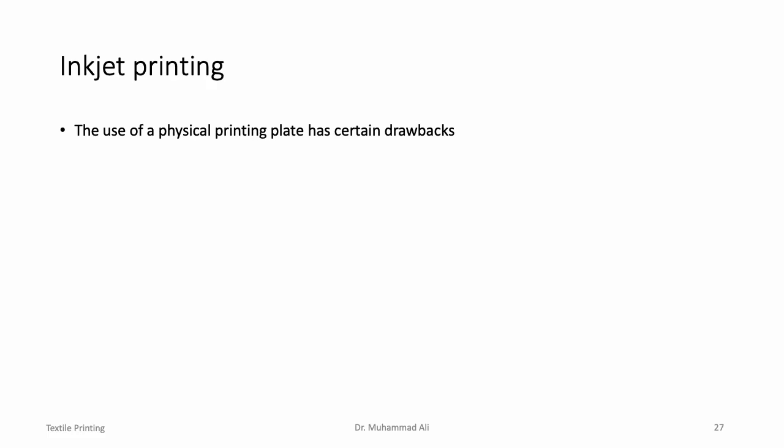The use of this physical printing plate has certain drawbacks. The first one is that of course it has a certain cost. If you want to make the screens, then of course you have to buy the screens. Those are relatively expensive. We discussed in roller printing that the copper rollers are very expensive to produce.